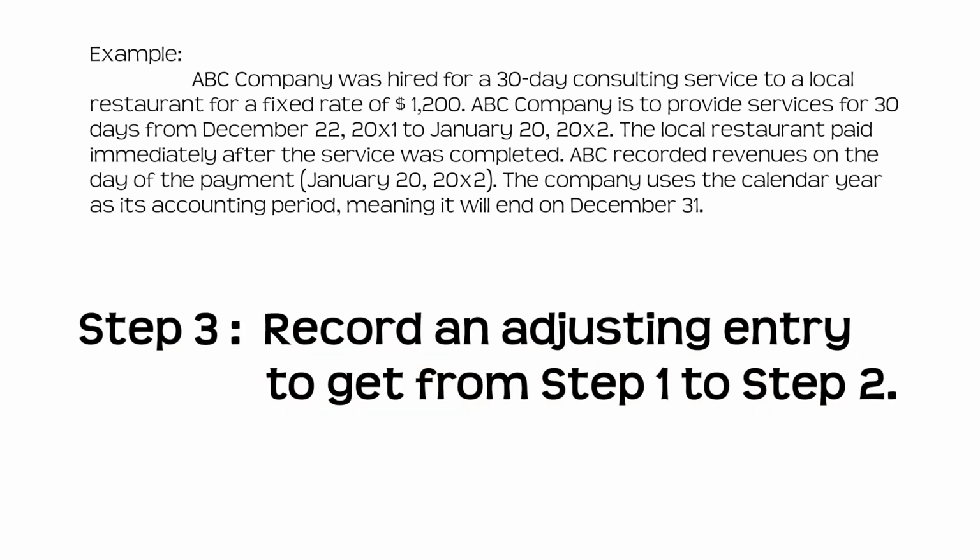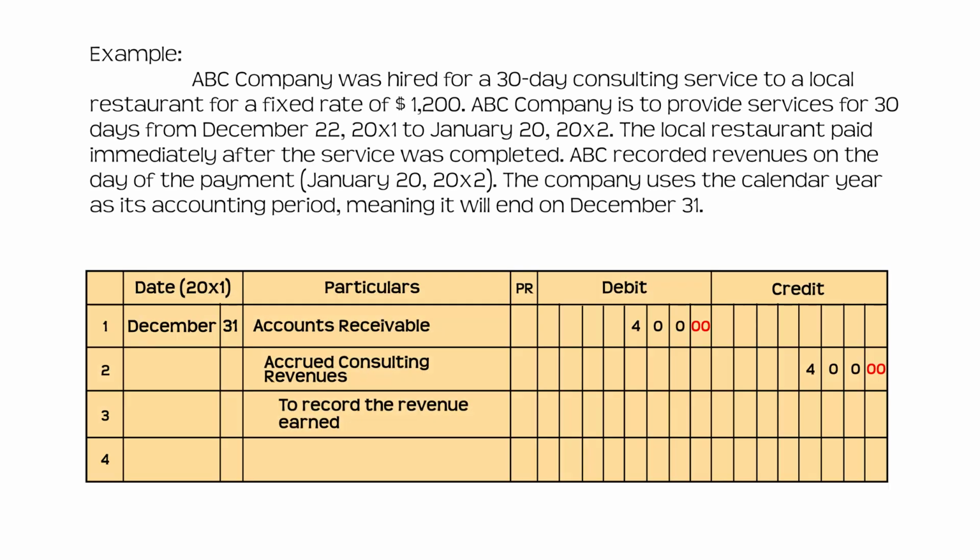Step 3. Record an adjusting entry to get from Step 1 to Step 2. To account for the accrued consulting revenue, the year-end adjusting entry on December 31, 20X1 is debit accounts receivable and credit accrued consulting revenues for the amount earned, $400.